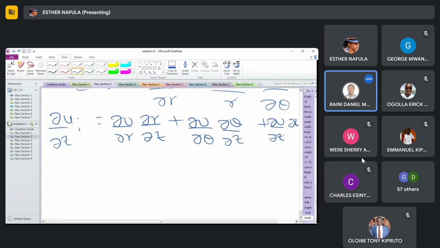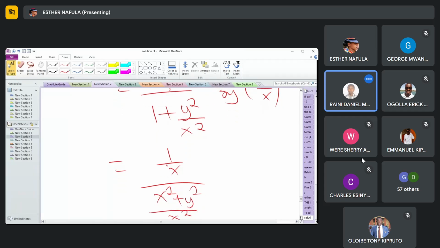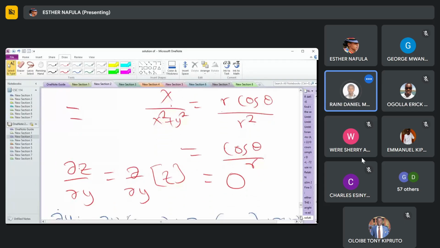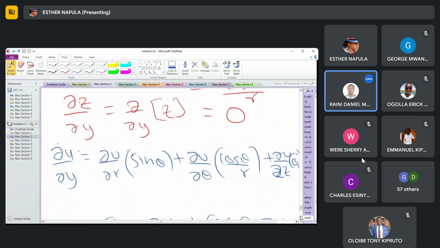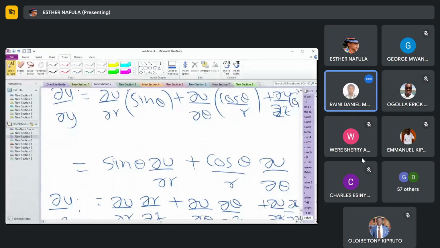Excuse me. Could you kindly scroll up a little bit? To which part? The previous step, the one we've just written, not that far. There.